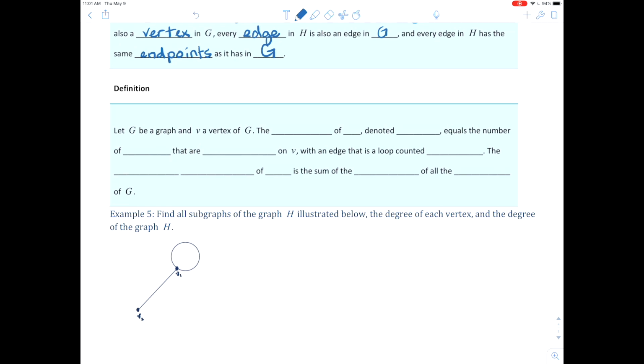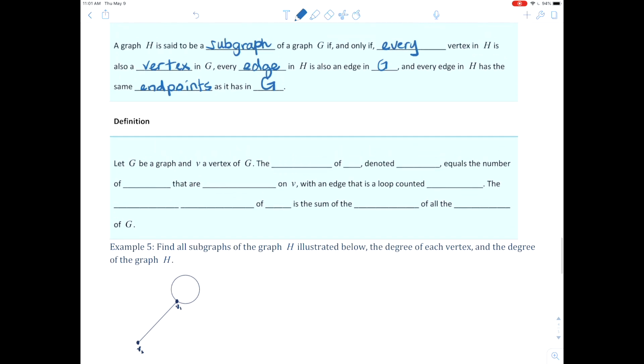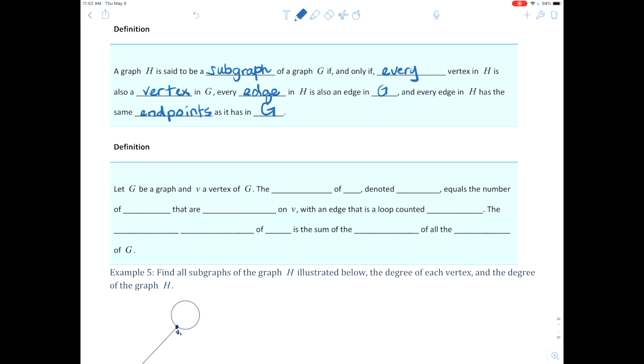All right, another definition. Let G be a graph and V a vertex of G. The degree of V, denoted deg(V), equals the number of edges that are incident on V. Now loops are counted twice, because if the vertex was, say, called V1 and an edge was called E1, you could write that as a directed graph as V1, E1, V1.